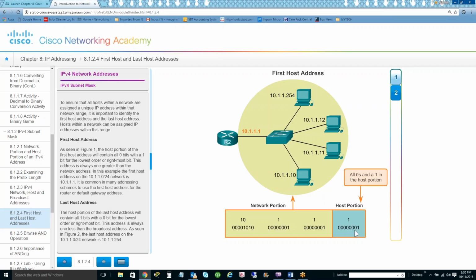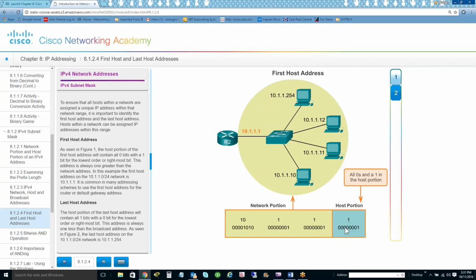So in the case of this example they have here, on a /24 network, the first host address is where the binary number is 7 zeros and a 1, which converted to decimal is a .1.